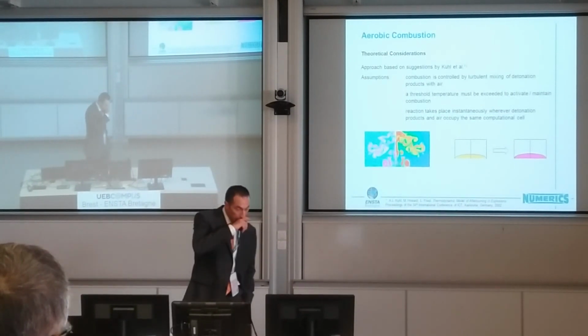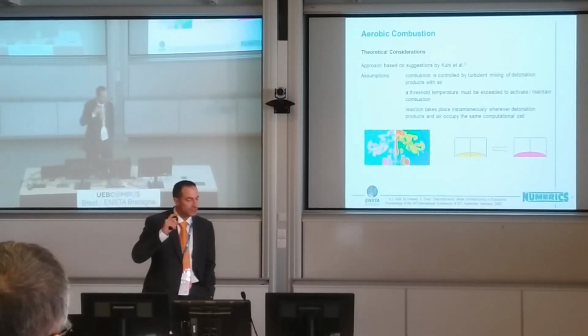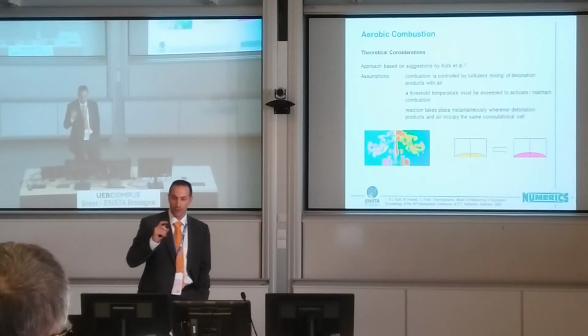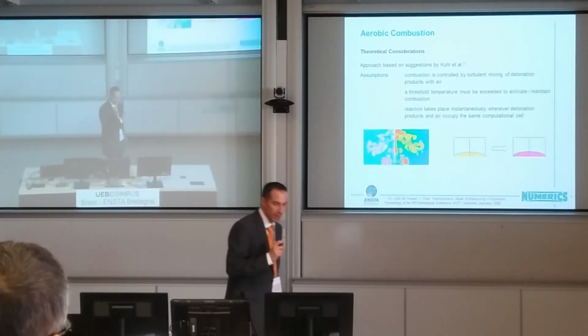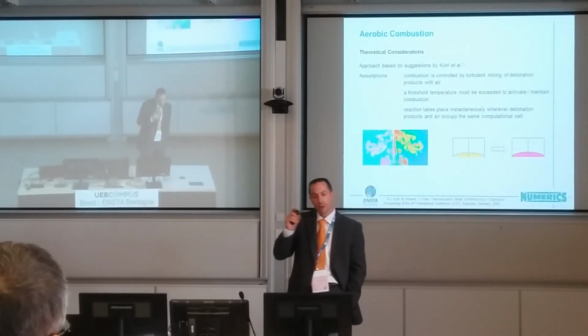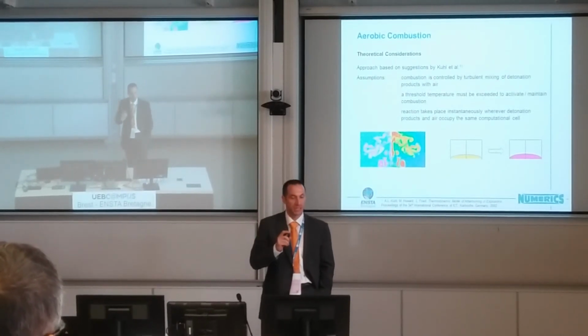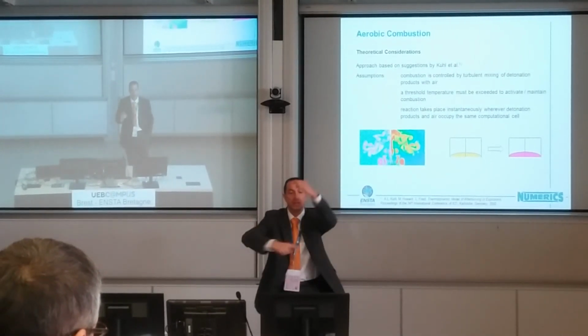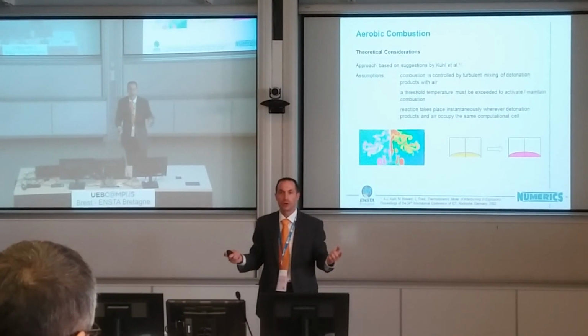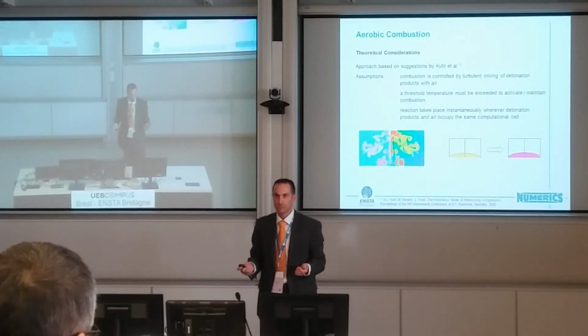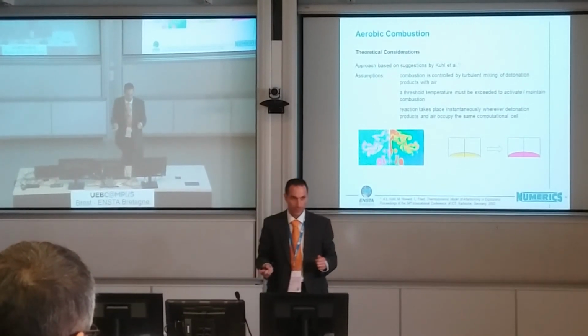In speed, the combustion model is based on the general approach suggested by Kuhl, so that combustion is actually controlled by turbulent mixing of the detonation products with air. You need supply of air for your detonation products to oxidize. Basic requirement.